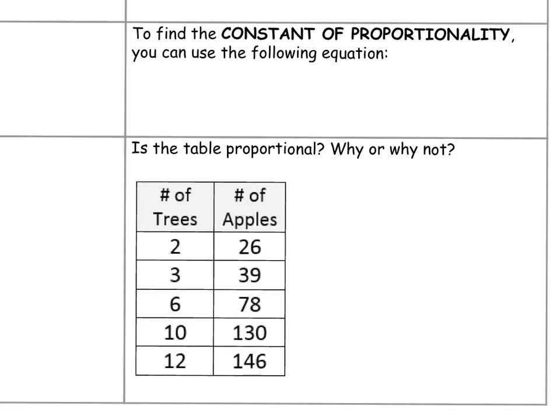Now, in order to find that constant of proportionality, we have an equation that we use. Somebody decided at some point they're going to represent the constant of proportionality with the letter K. And to find that, we always take the y value divided by the x value.